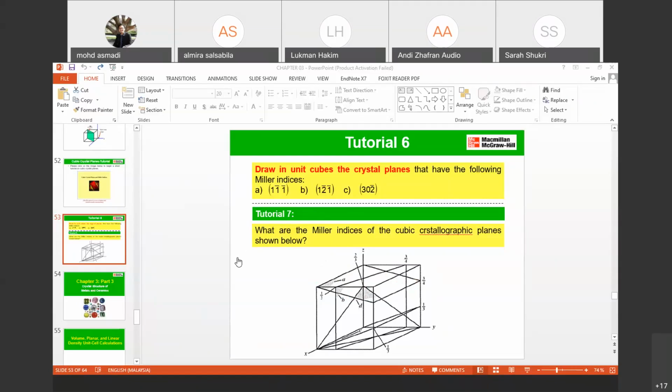Where's your origin? Actually, Afif, you have to define your origin. For Miller indices, you cannot use infinity.